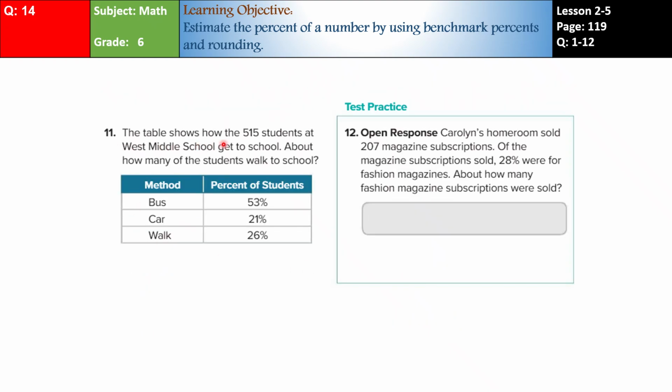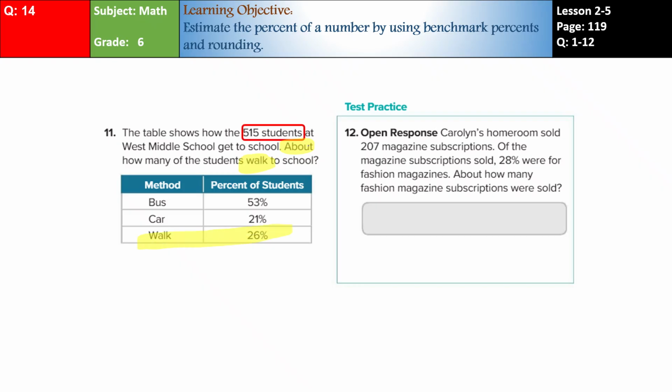The table shows how the 515 students at the West school get to the school. Here the method is written and the percentage of the students. Bus is 53%, car 21, walk is 26. About how many of the students walk to school? Again they use the word about, meaning estimation, so we will just look for the walk.